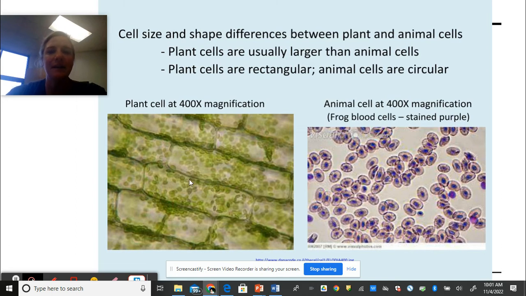So this whole thing right here that I am sort of highlighting with my cursor, that is one plant cell. And they are usually rectangular. And we know why they're rectangular, right? Because of their cell wall. Versus an animal cell here, this is frog blood cells at 400x and stained purple, are smaller and circular. So those are some big differences between plant and animal cells under a microscope.